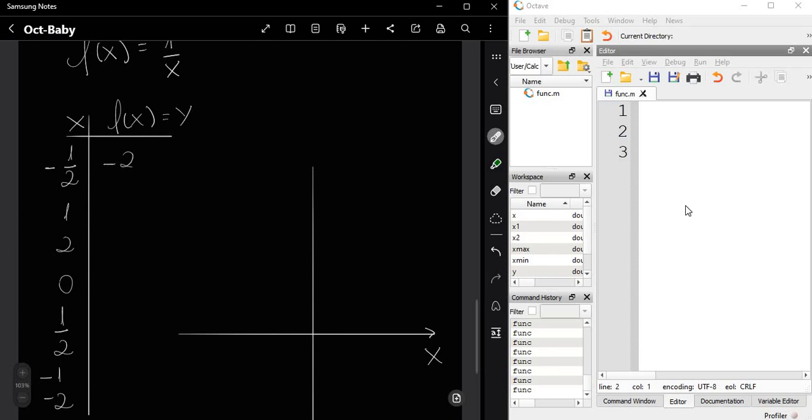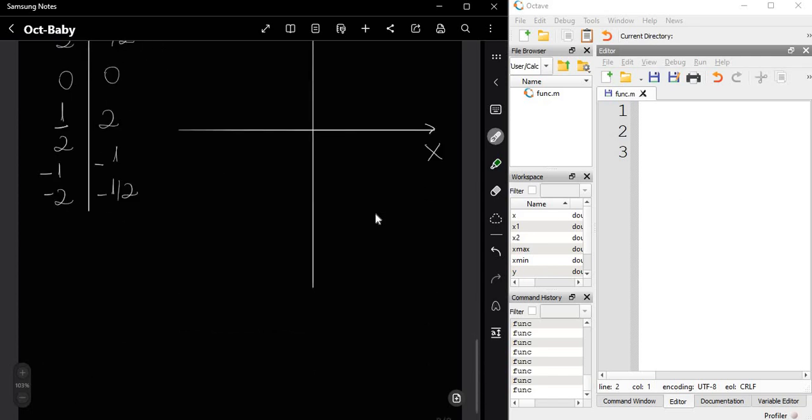Now 1 over 1 is equal to 1, and anything divided by 0 is equal to 0, and now it is a positive 2, and it will be minus 1, and minus 1 over 2. Now we just have to pass these values to this axis.